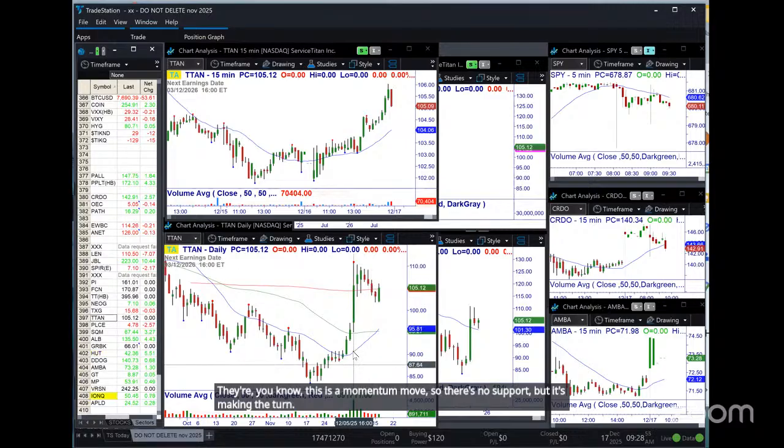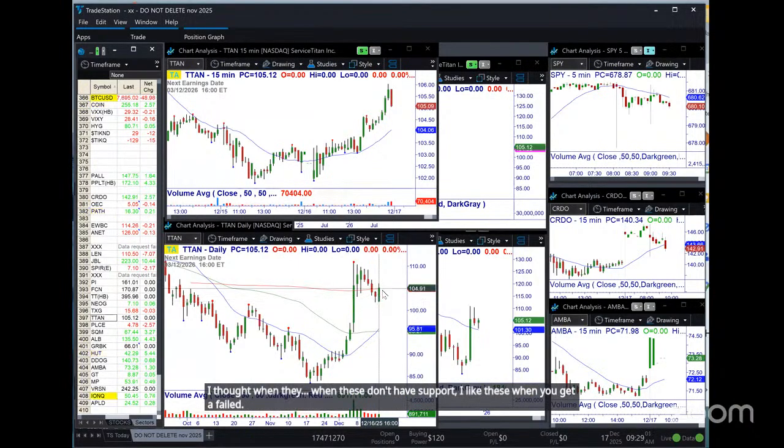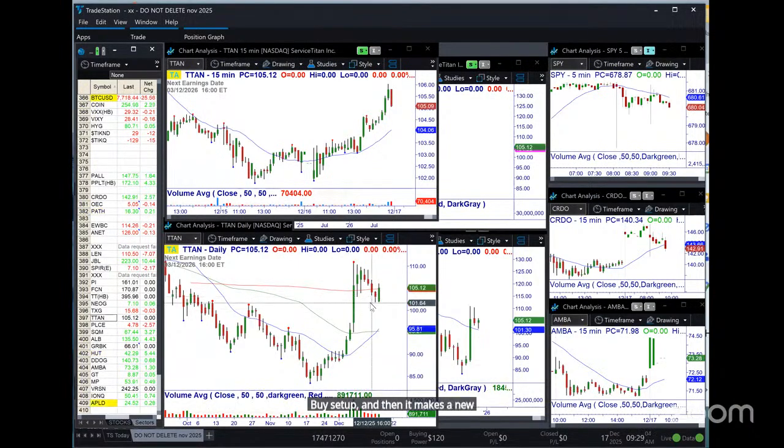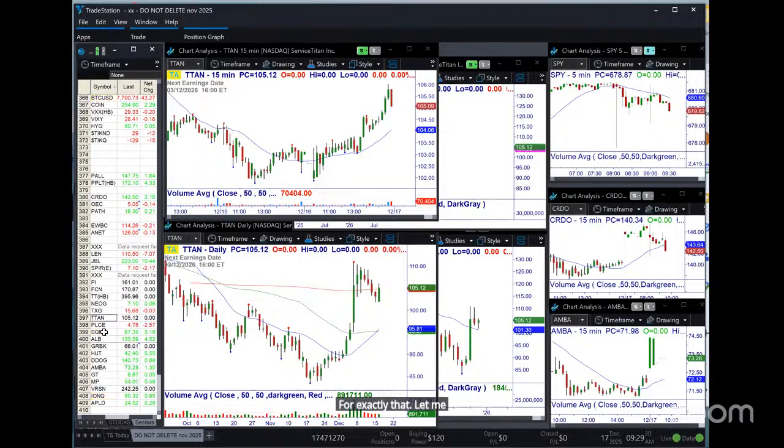When these don't have support, I like these when you get a failed buy setup, and then it makes a new low reversal. And we used to call that the second time around. We didn't get sucked in the first one, but we still know it's bullish daily, weekly, but we're watching it for exactly that, a new low reversal.